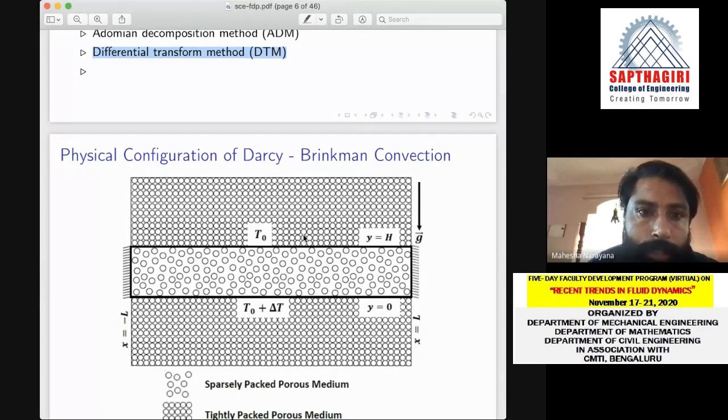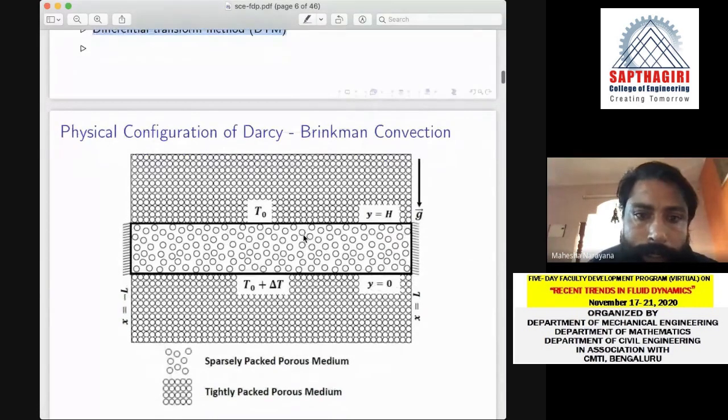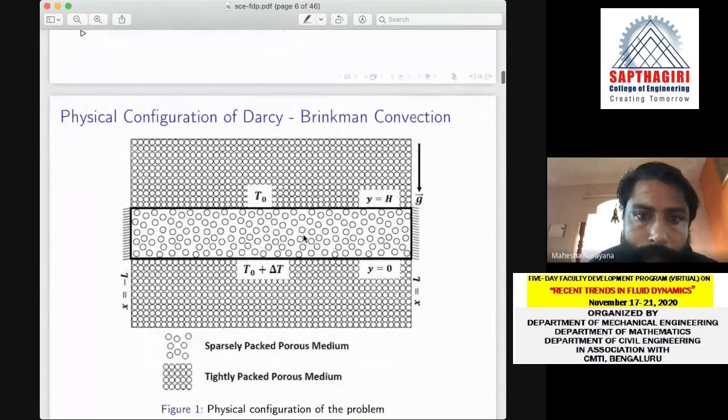Okay, so what I considered here is a Darcy-Brinkman convection problem in an enclosure, having sides at y equal to 0, y equal to h, and the lateral sides at x equal to minus L and x equal to plus L. The origin is situated at the midpoint of the lower horizontal plate, you could say.